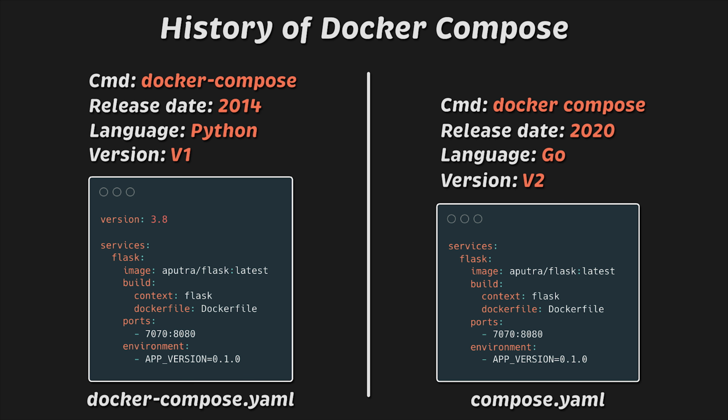For v2, the recommended file name is compose.yaml. However, old naming conventions are also supported. You can even use the -f flag to provide any file name to be used as compose config. The main takeaway is don't use the version to specify the schema, as it will be ignored anyway, and use the Docker Compose binary, which is built into Docker itself.